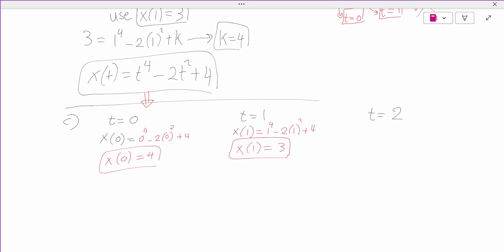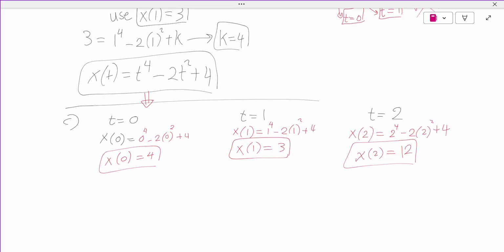So the particle moved from 4 to 3 within the first second, minute, whatever. The unit, I don't think it's given. It doesn't matter. Now, until t equals 2, what happens? The particle now is located at x of 2, which is 2 to the power of 4 minus 2 times 2 squared plus 4. This is 16 minus 8 is 8 plus 4, it's 12.